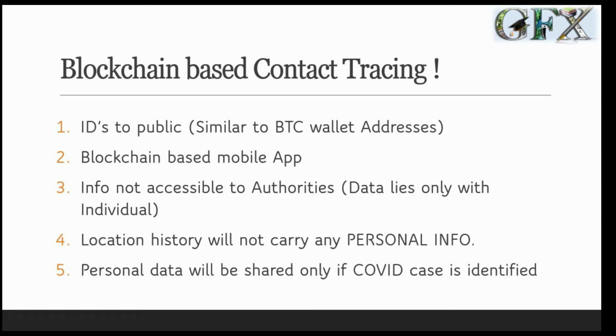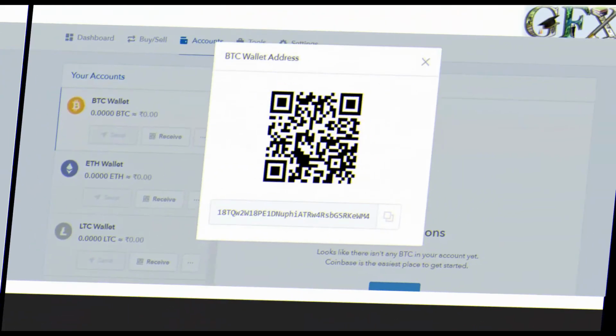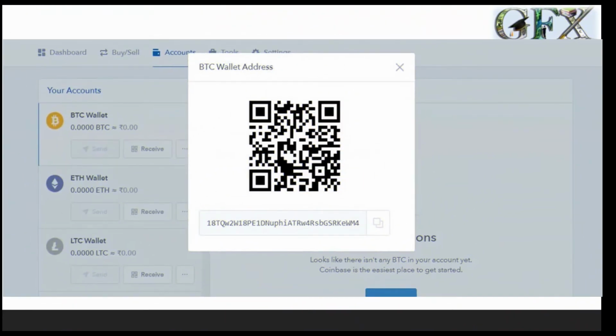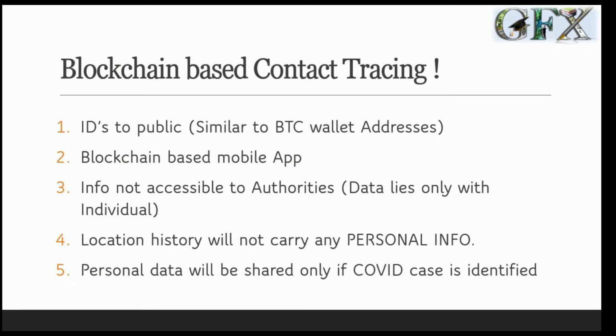Well, let me keep it simple. You can imagine it to a Bitcoin wallet address, where these wallet addresses will be given without attaching any personal information of the person behind it. Say for example, you will be coming across some Bitcoin wallet address, but you can never identify who is the person holding that wallet address. So using the same concept here, each individual will be given a unique ID.